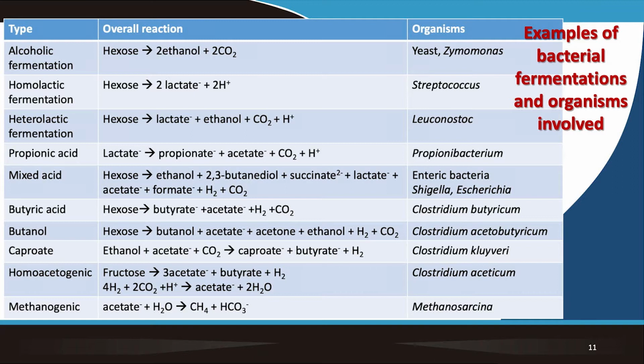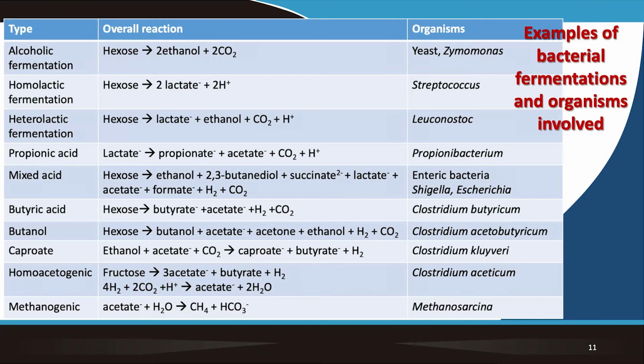Then you have homolactic fermentation. So the best example, like I said, is milk being converted to yogurt, which is lactic acid, and then further conversion to other products. So you have the sugar, lactose, being converted to lactate or ethanol, lactate and ethanol and carbon dioxide and protons.